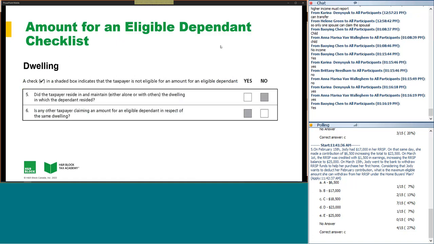Dwelling. You have to have resided in and maintained the dwelling in which the dependent resided. So you have to live with your eligible dependent to claim an eligible dependent. You don't have to live with them for the whole year, but at some point you have to live in a house with them. Okay? And then the fun one, there is one eligible dependent inside the roof of the house.